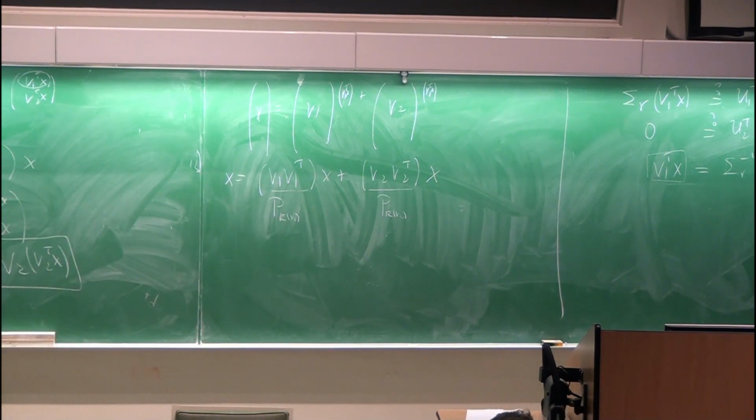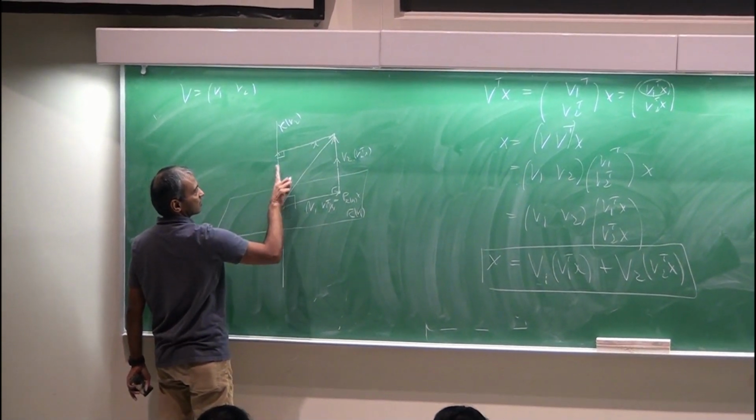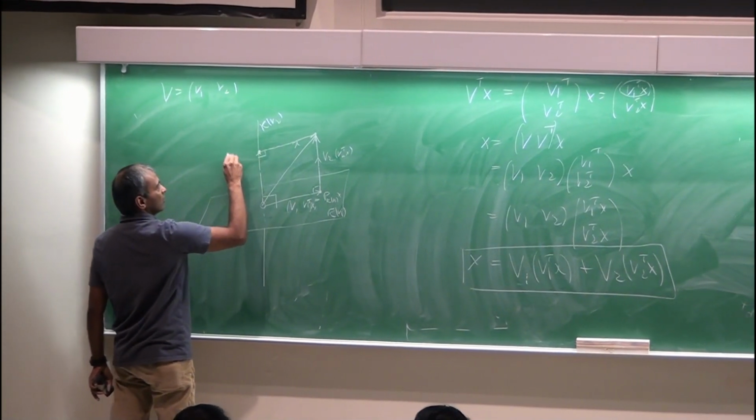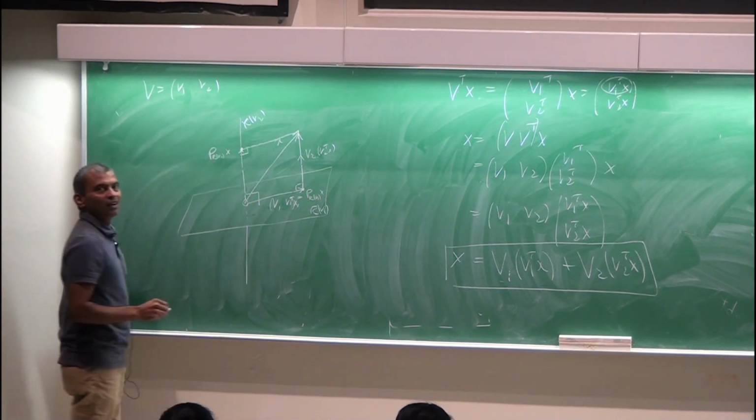And if you come back to this diagram, you can get a meaning now. If I move the parenthesis back like that, you see that this point is the orthogonal projection of X onto the range space of V1. And if you drop a line like that, you get this. This is the same as that. And this point is the orthogonal projection of X onto the range space of V2.